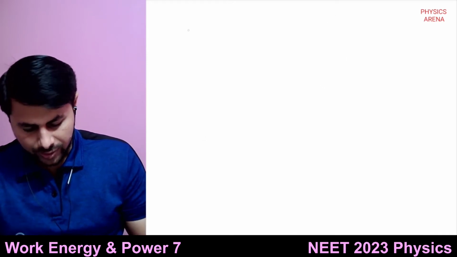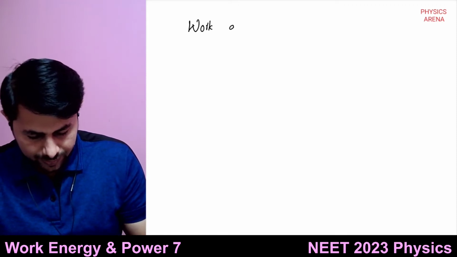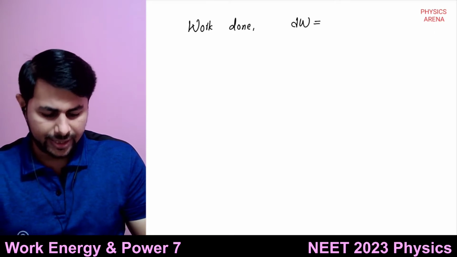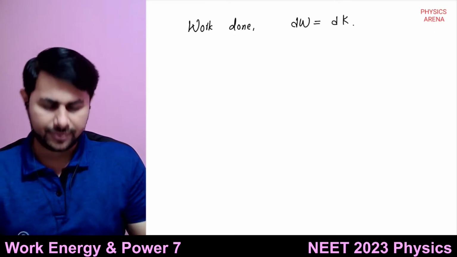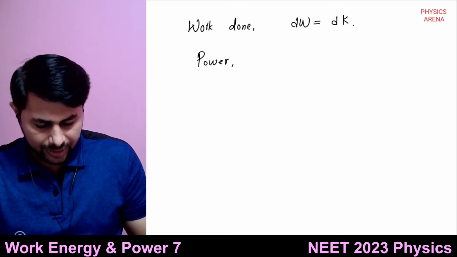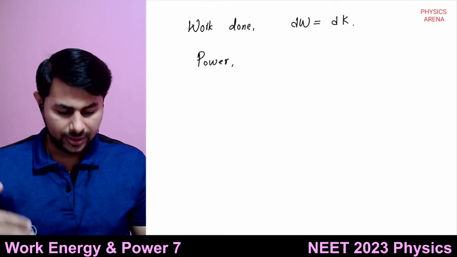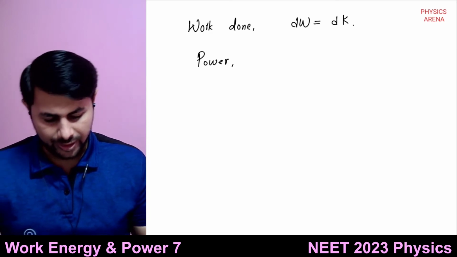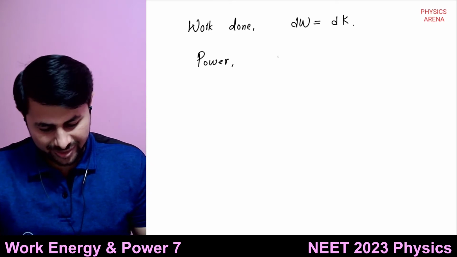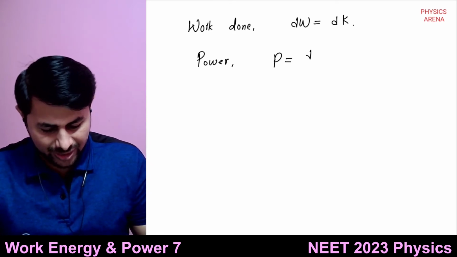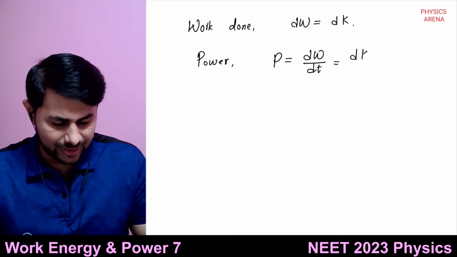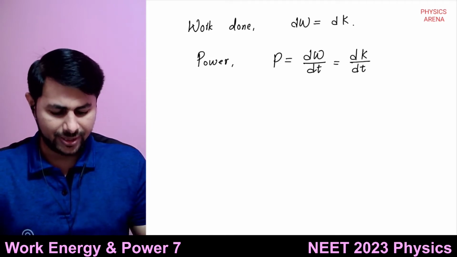So the work done can be written as change in kinetic energy. The power has another formula if there is kinetic energy given in the problem. So the power is equal to dW by dt, or you can say it is equal to dK by dt.